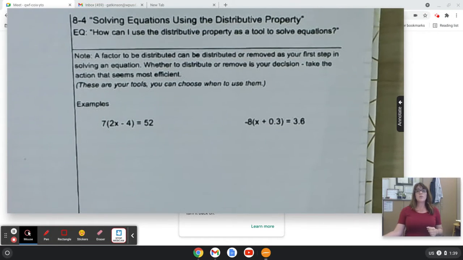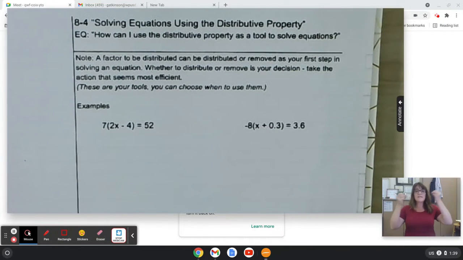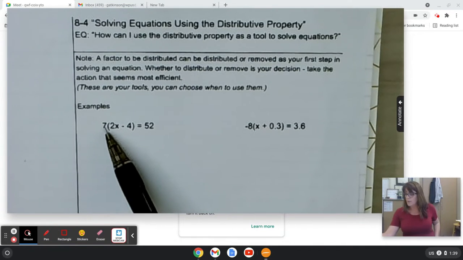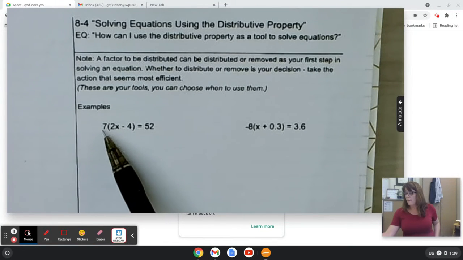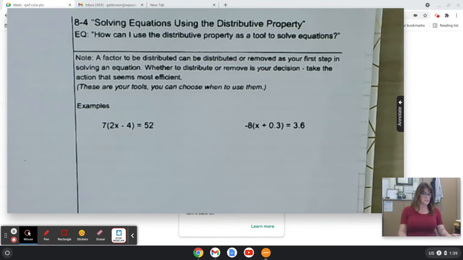Distributive property kind of stands out to us when we see a number outside parentheses, and we know it could be distributed into those parentheses. Sometimes distributing is exactly what you want to do, absolutely without question, because it simplifies your equation for you.